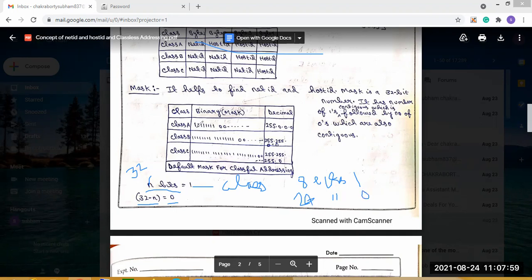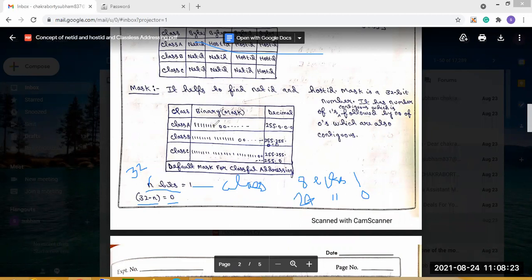So the binary mask is: first 8 ones, 1, 2, 3, 4, 5, 6, 7, 8, followed by 24 zeros. I will not write it fully.